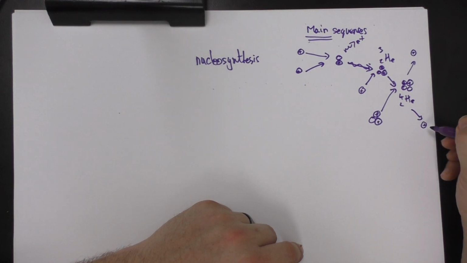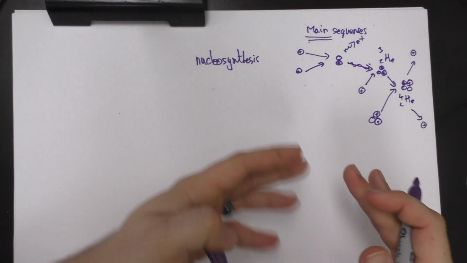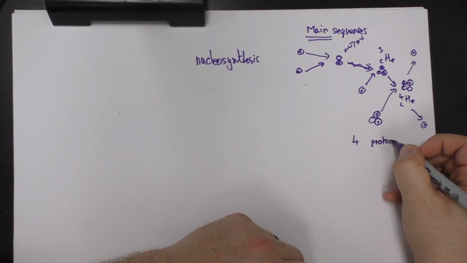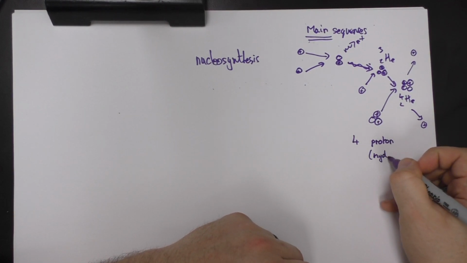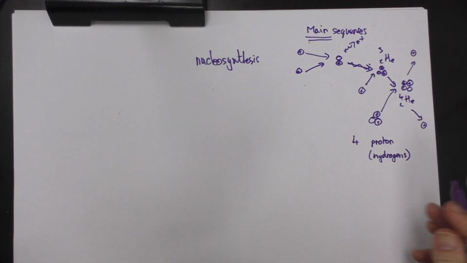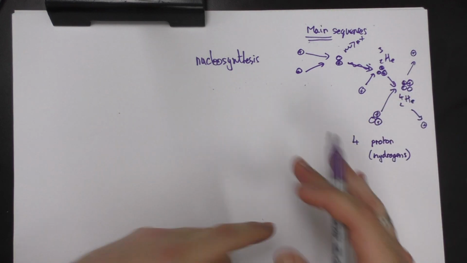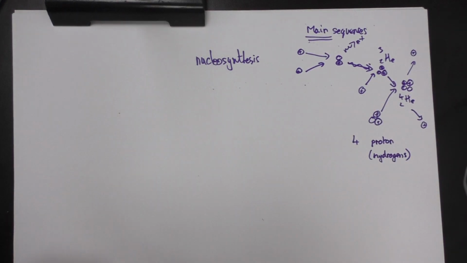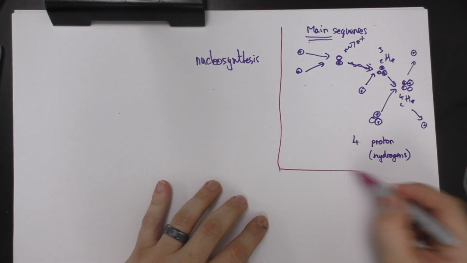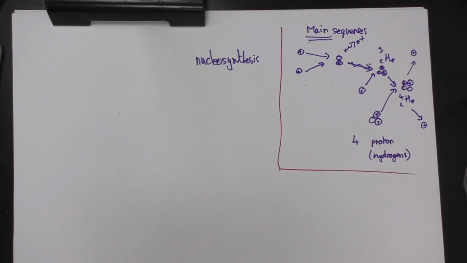So the net change of protons in a star is 4 protons or 4 hydrogens used per one of these cycles, and this is the standard cycle for a star. However, that's main sequence, and we're not going to talk too much more about that other than just to say that's what happens in a main sequence star.